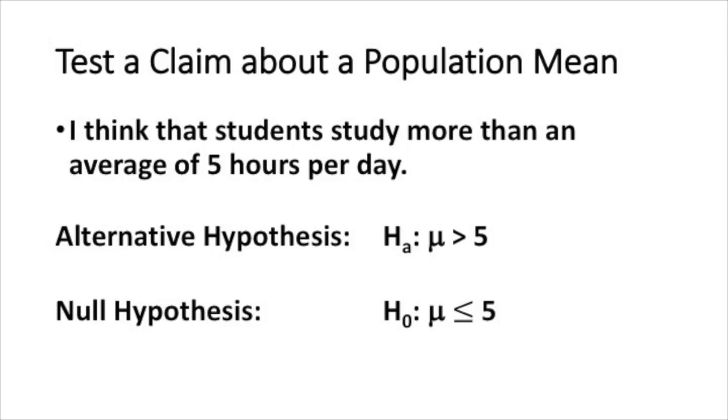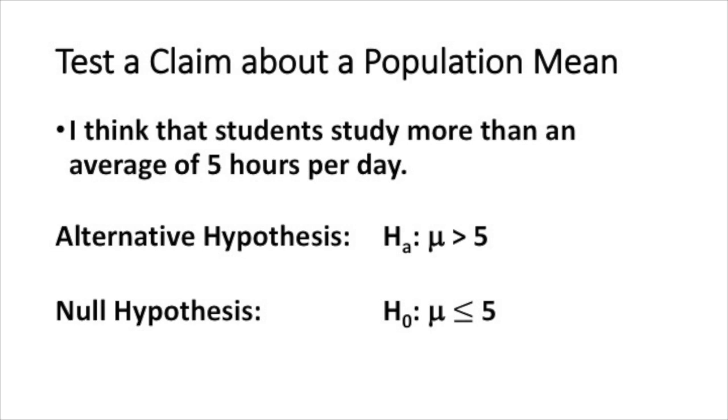So here's an example of how I might set my alternative and null hypotheses for my claim that I think students study more than an average of 5 hours per day. Again, the alternative hypothesis is your claim. So you see an H sub A, and my alternative hypothesis is that mu, which represents a population average, is greater than 5.